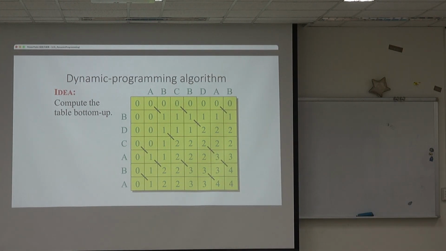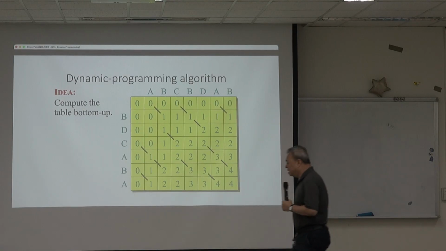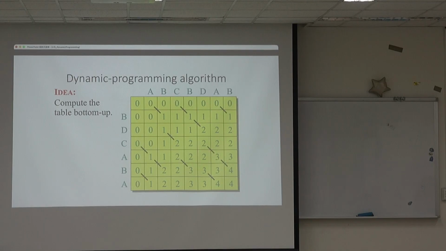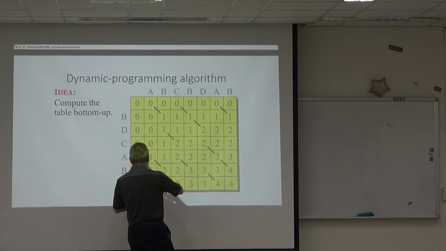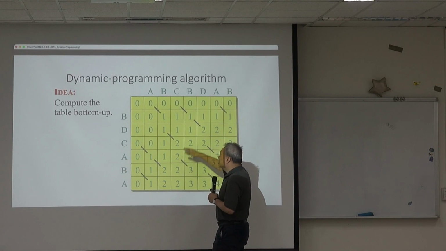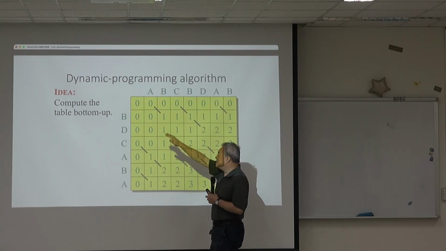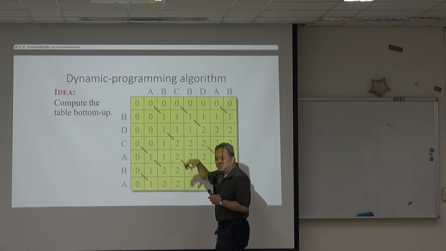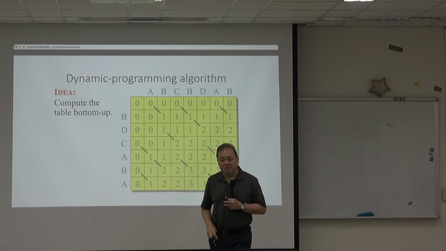Okay. So back to this LCS problem. As I said, you could construct this table from bottom up, 就是从 base cases, you fill out those zeros. For the first row, first column, you fill out those zeros because those are the base cases.